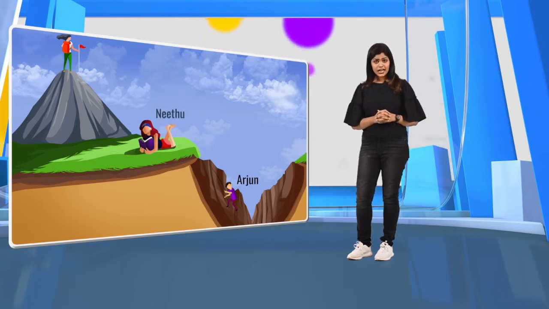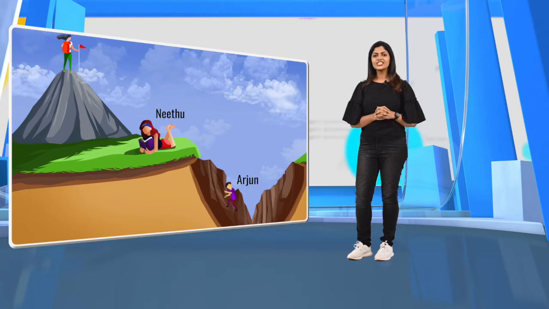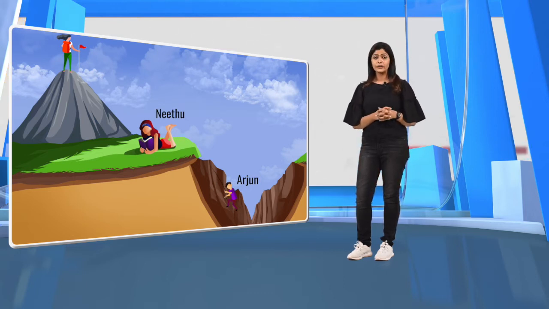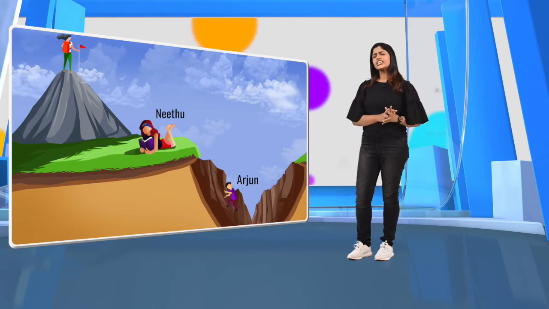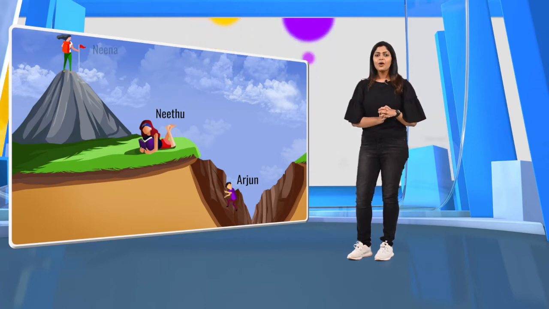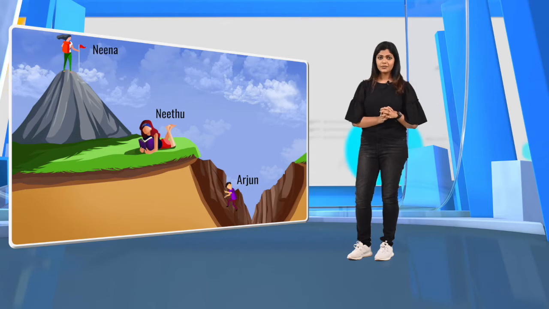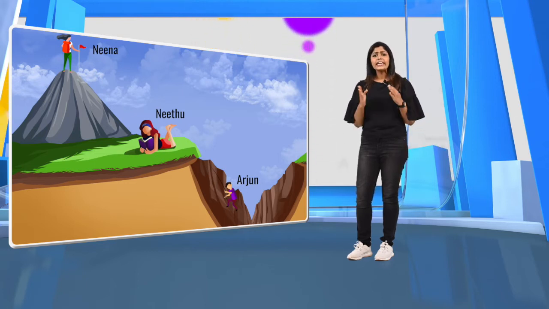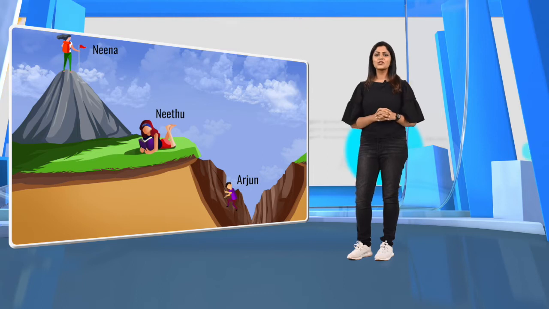At the same time, Neetu decided to just lie down on this flat plain and read a book. While the third one, Neena, as she was full of energy, decided to climb up this mountain. So here is Neena.